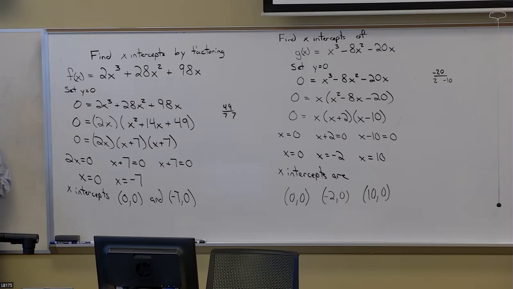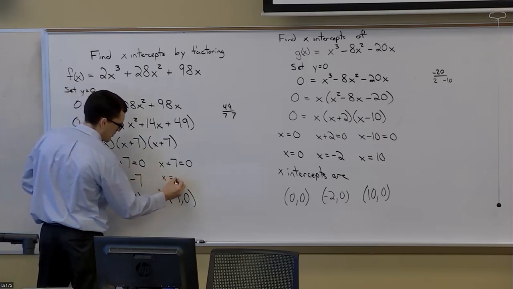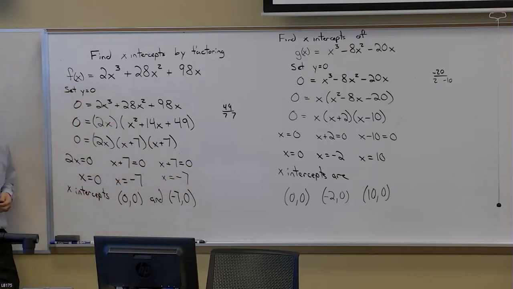We'll talk about this later, but the fact that -7 showed up as a solution 2 times means that -7 has what we call multiplicity of 2. Okay? Just means how many times did it show up as a solution. So -7 is an x-intercept.